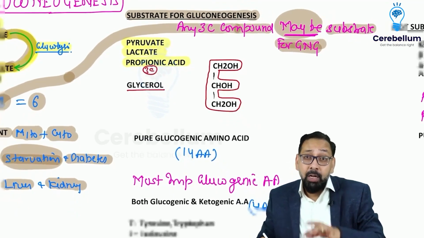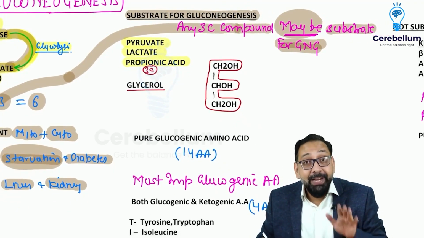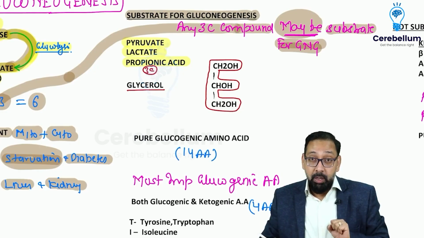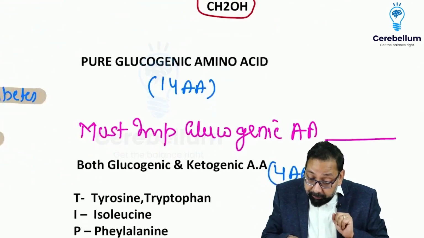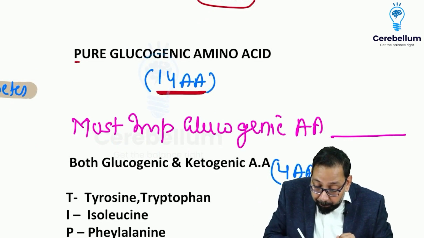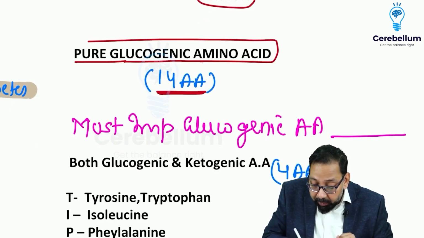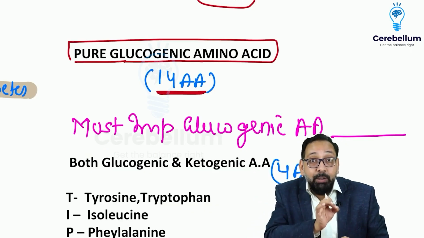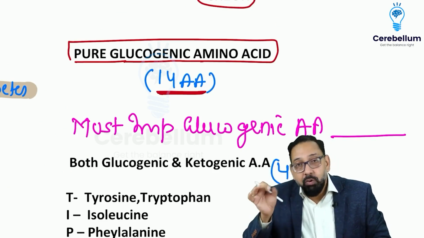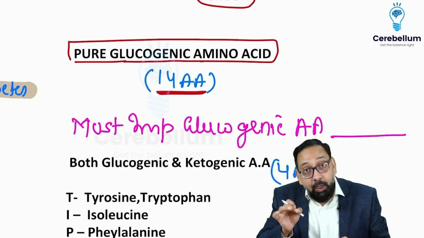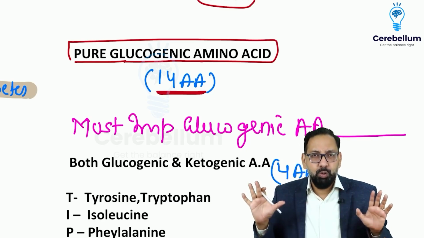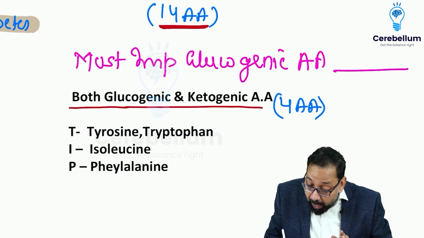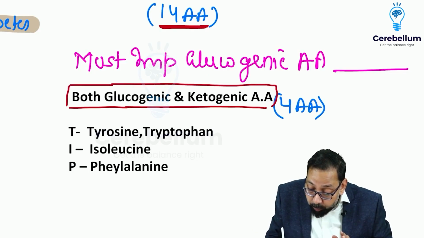We found that out of 20 amino acids, 18 amino acids may be substrates for gluconeogenesis. Out of these 18, 14 amino acids are pure glucogenic. Out of 18, 4 amino acids are both glucogenic and ketogenic.